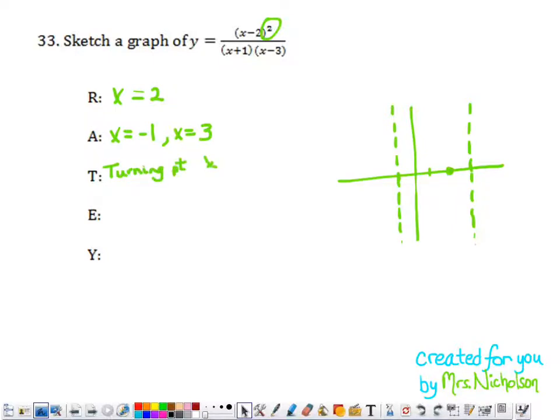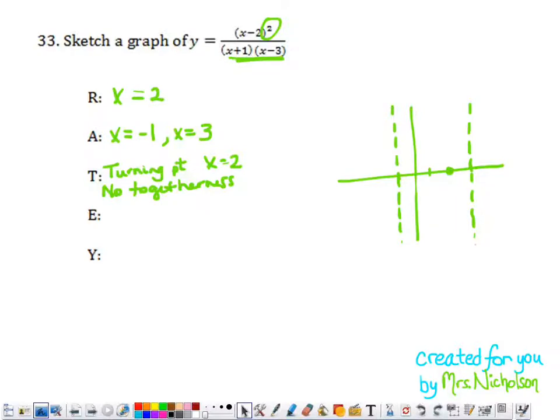I don't have any squareds in my denominator, and so we will have no togetherness at the asymptotes. And that's important to remember, because that's going to help us sketch our graph later. We'll know that the graphs should go opposite directions around the asymptote.